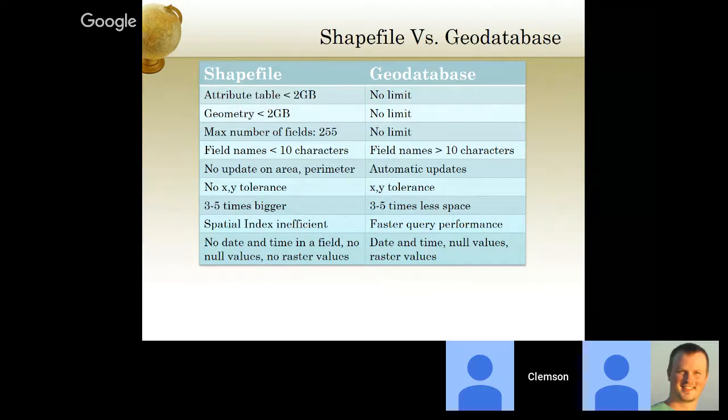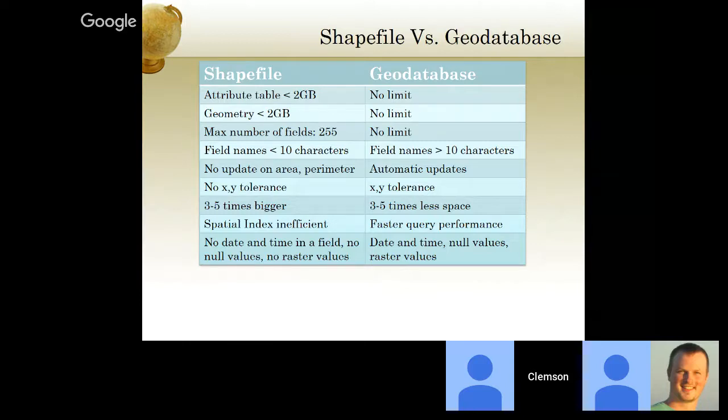So we recommend you create file geodatabases and feature classes within them for storage. Because there's no limit to the size, there's no limit to the number of characters you can use. It will automatically create and update the area or perimeter if you're interested. And they're faster in terms of efficiency. If you're doing a lot of querying against it, you get much better performance in the geodatabase.